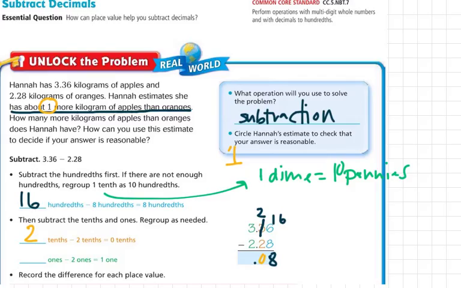Finally, we're going to be subtracting the ones place. 3 ones minus 2 ones is 1 one. So we recorded our answer at the bottom, and our actual final answer is 1.08. Notice the 8 is the last place, and the place value is hundredths. That's why we say 8 hundredths.